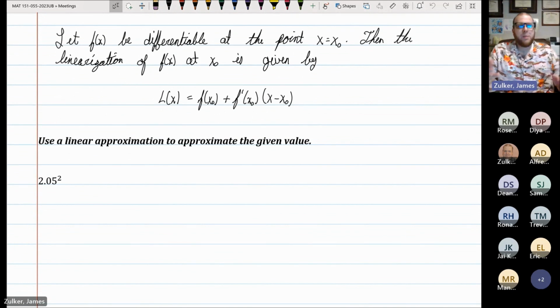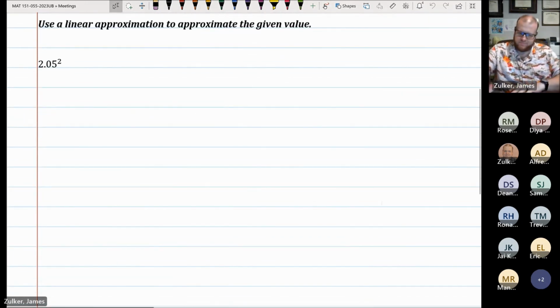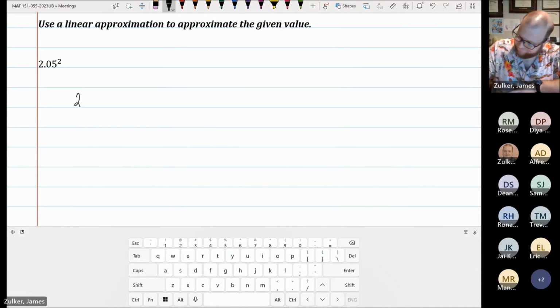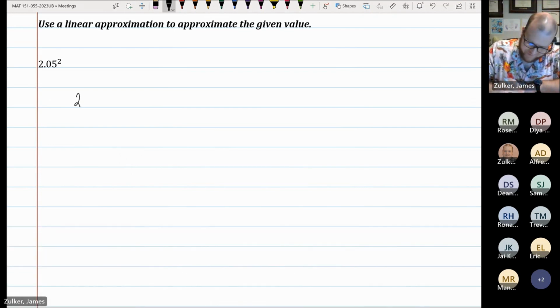All right, so let's try and approximate the value of 2.05 squared. Well, let's use, obviously, x squared.